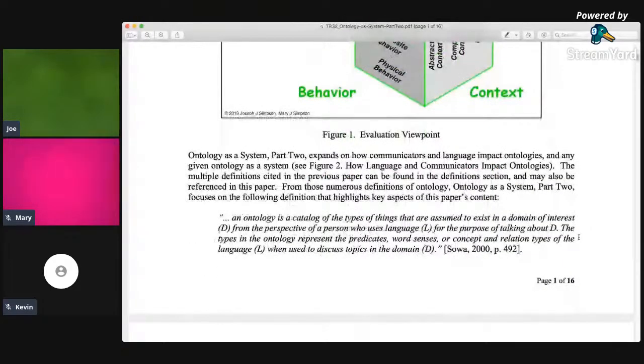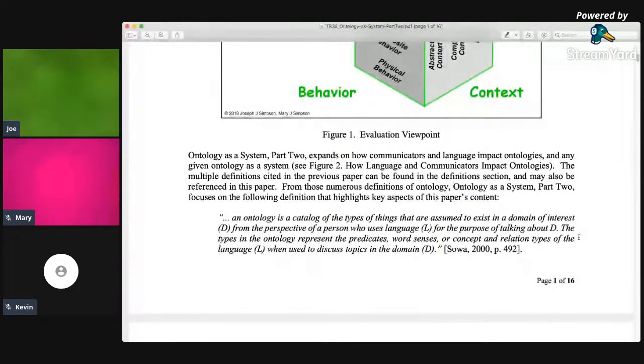In the last paper, we did an overview of ontology definitions, and we decided to focus on the one by Sowa: an ontology is a catalog of types of things that are assumed to exist in a domain of interest from the perspective of a person who uses language L for the purpose of talking about the domain of interest. The types in the ontology represent the predicates, word senses, or concepts and relation types of the language when used to discuss topics in the domain.